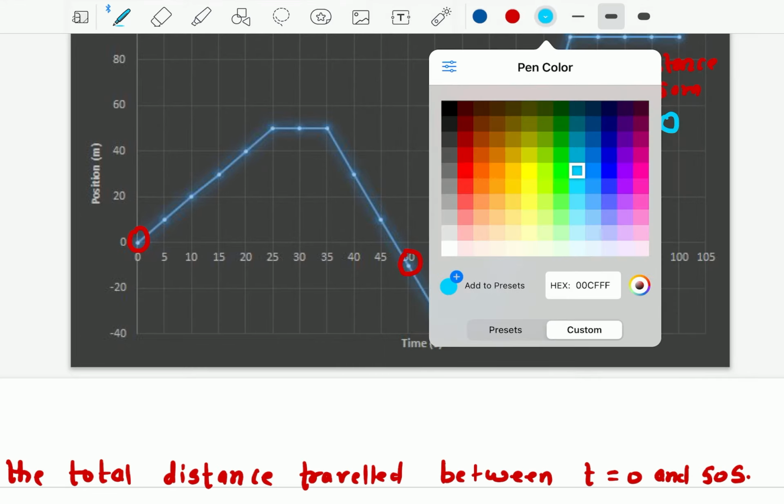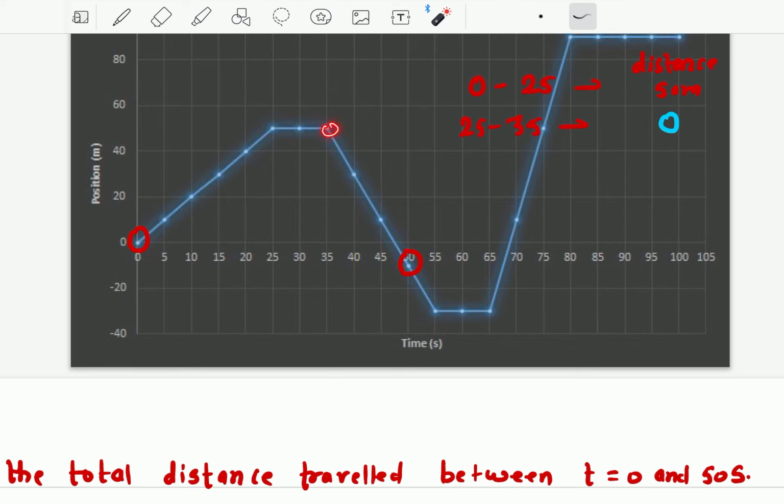Now let's go over from 35 to 50. At this point the position was 50 meters, and at the corresponding point here, at 50 seconds, the position is minus 10 meters. So what is the distance traveled between these two points?